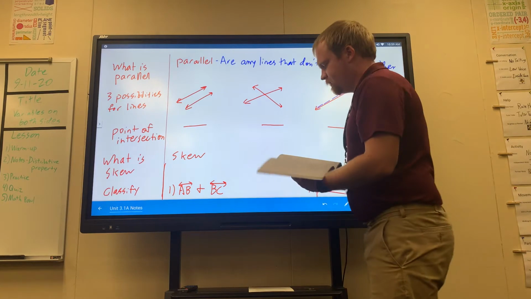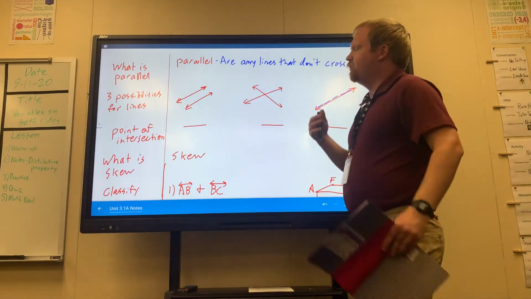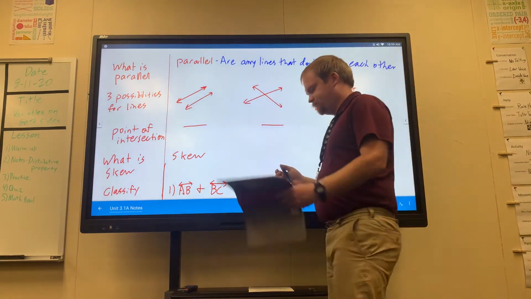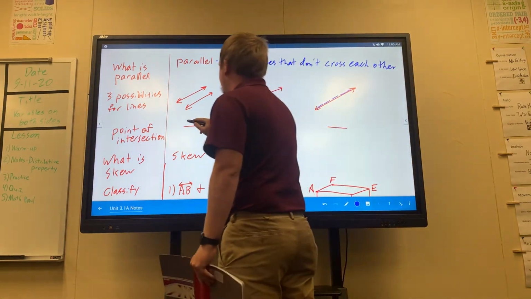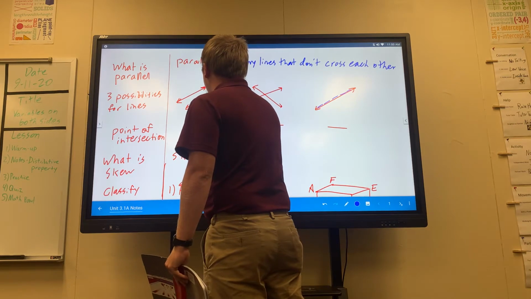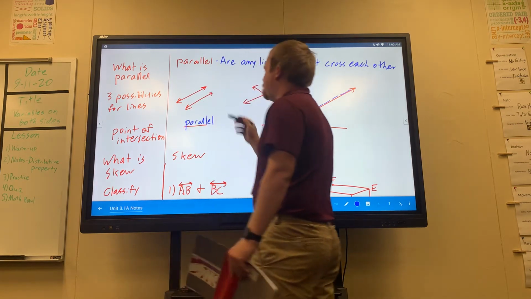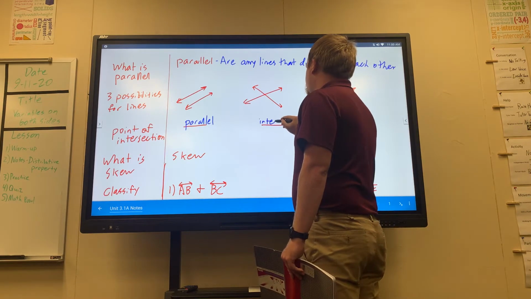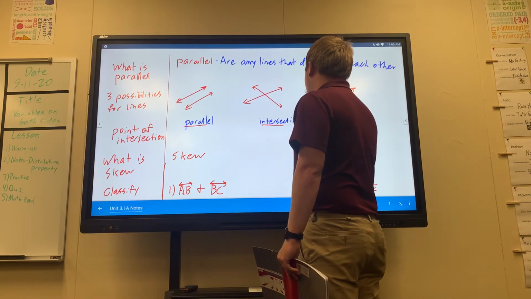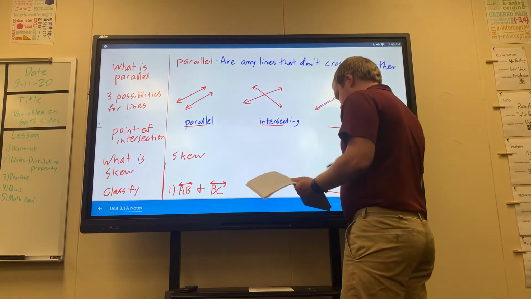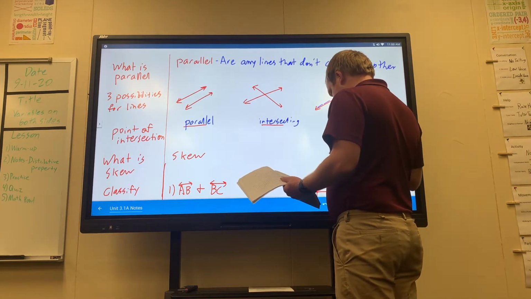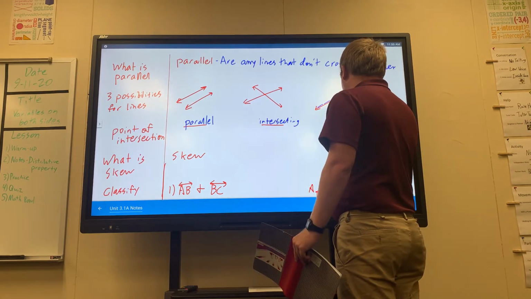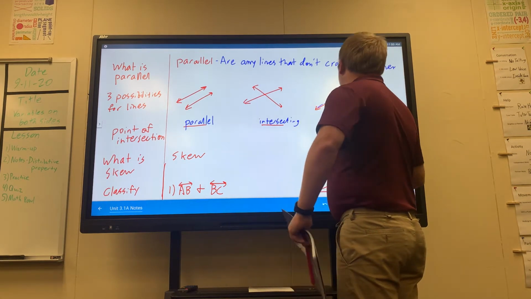Okay? Now, when it comes to the possibilities of lines, there are three different possibilities. You have what we call parallel, a set of parallel lines, intersecting lines, and infinite lines.